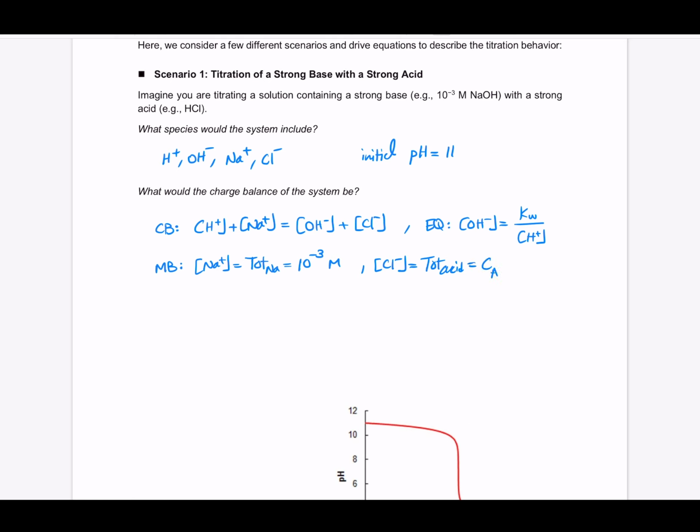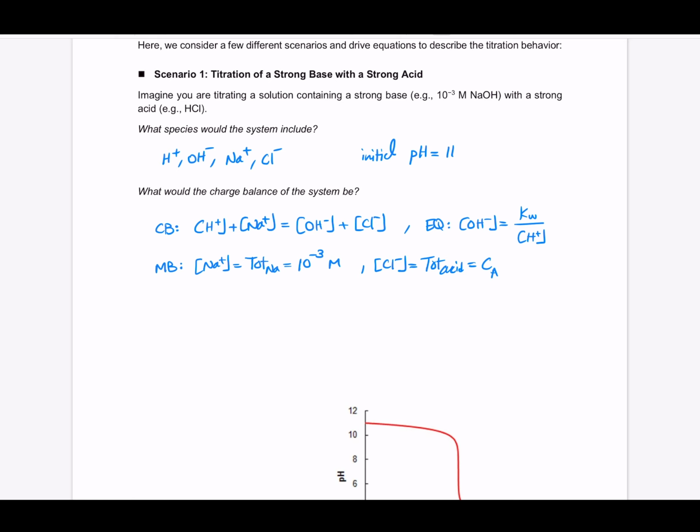And we know how much we're adding, right? If you added 1 milliliter of that titrant to the system, you precisely know how much you added in terms of the volume. It's just basically a simple pipette. Or if you have more like a fancy titrator, they can actually measure the volume that was added. So that CA is something that we know already, and it's changing. It's a function of how much we added to the system.